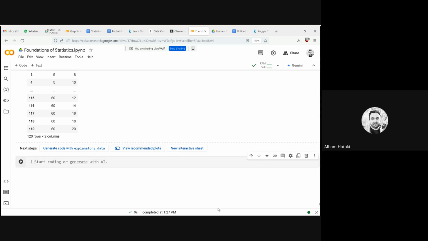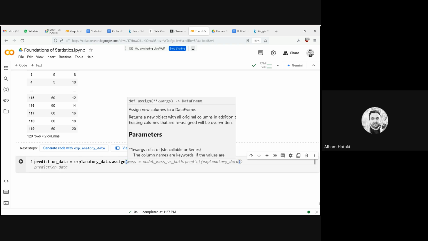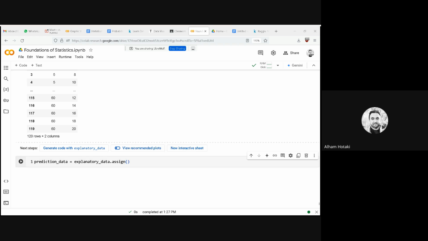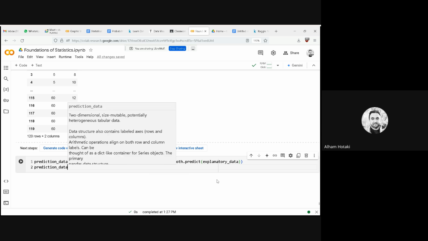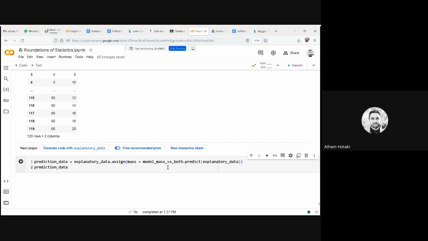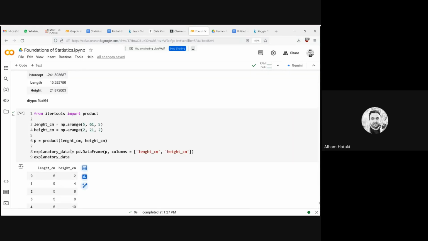Now, let's see how the prediction data will work. Prediction data will be working off this explanatory data. Just make a new column there and assign it. Mass will be the model, mass versus both, the model that we have developed.